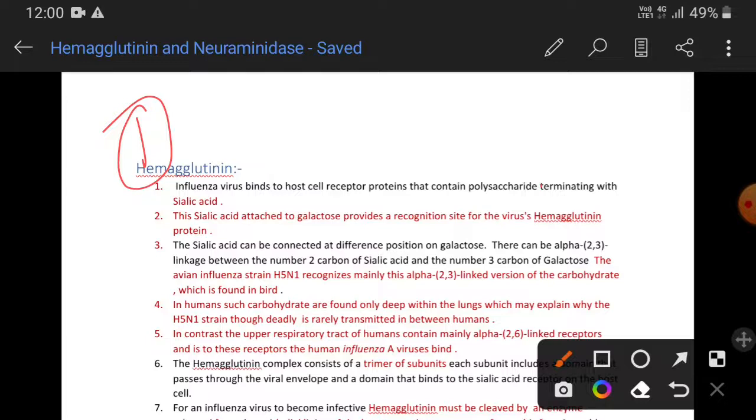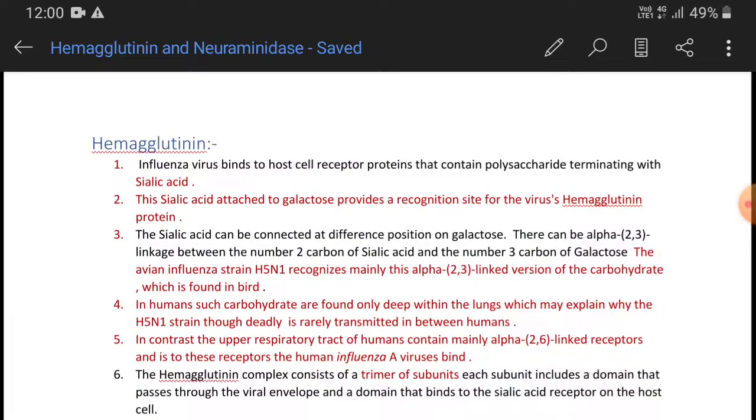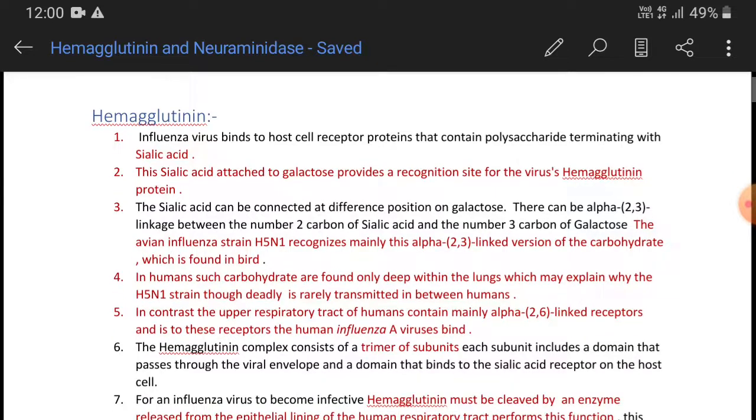Clear? So for a quick recap, hemagglutinin is a glycoprotein molecule present on the surface of the viral envelope of the influenza virus along with neuraminidase. The next video will be all about neuraminidase.